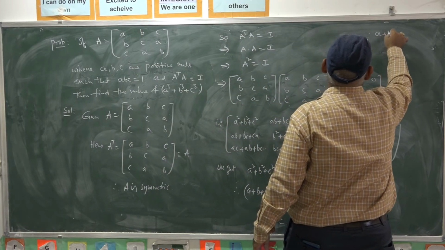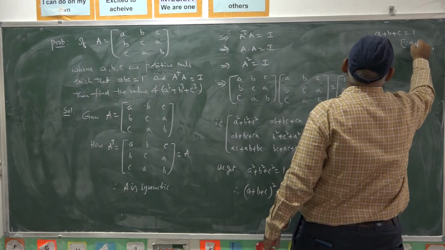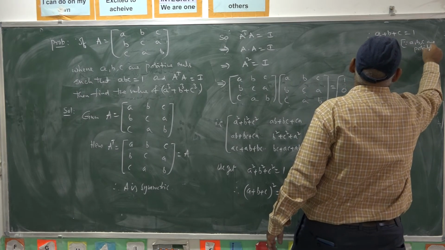Therefore, A plus B plus C equal to 1, since A, B, C are positive reals.